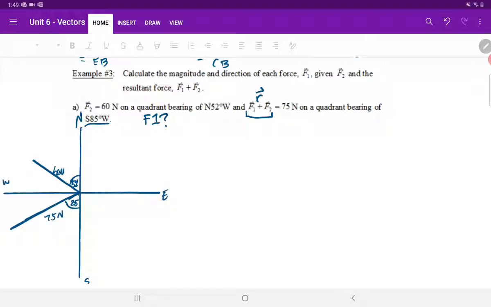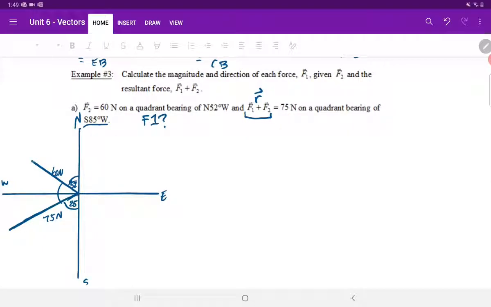So it's safe to say that we can now find this angle here, because these three angles in here are going to add up to 180. Let me just close off my triangle. This is where F1 is. So we have F2. Now remember, F1 needs to be drawn head to tail, right?